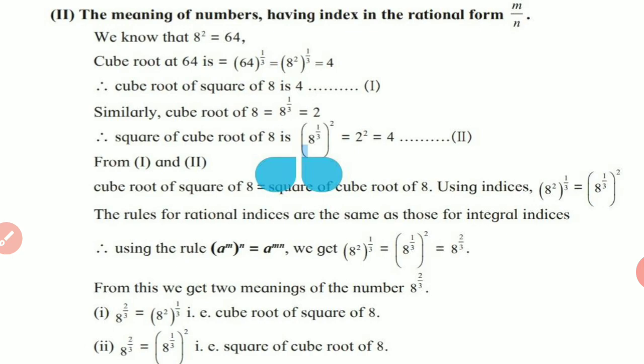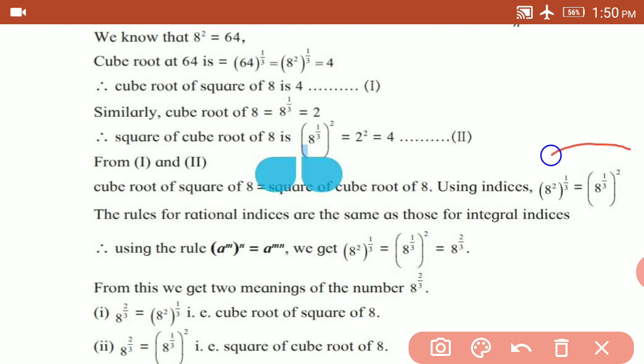Equation number 2. From equation 1 and 2, we can write cube root of square of 8 is equal to square of cube root of 8. That is, this is the radical form, and this one is the index form. Like this we can write. The rules of rational indices are the same as those of integral indices.